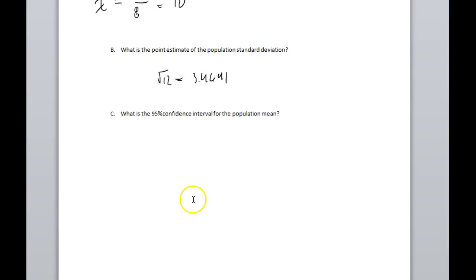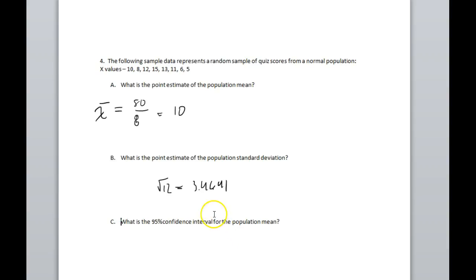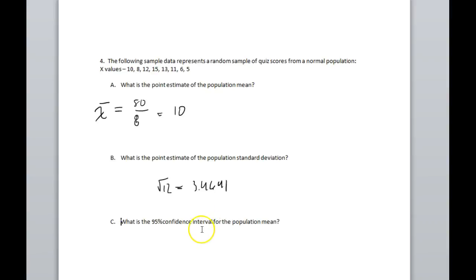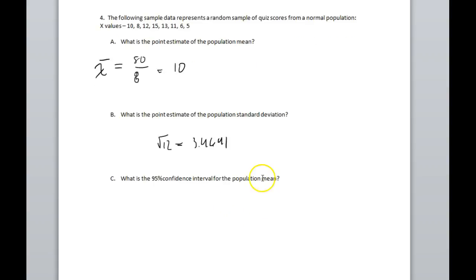Now it's asking, what is the 95% confidence interval for the population mean? First thing we need to note is how many pieces of data we have. We have 8 pieces of data, so n equals 8. That means our degrees of freedom, which is n minus 1, is 7.